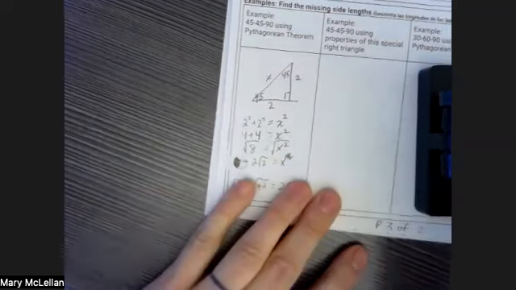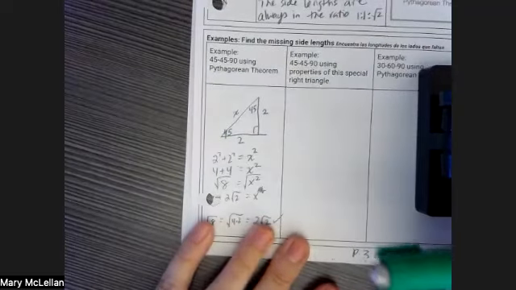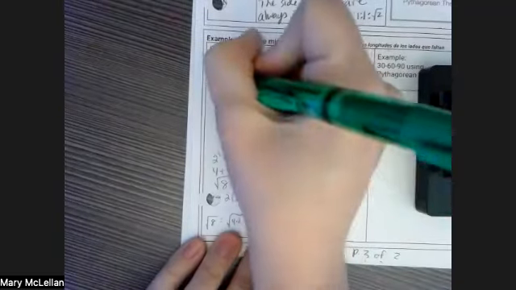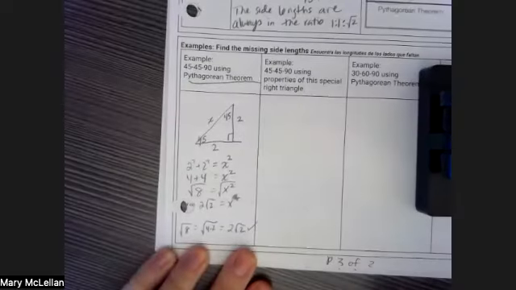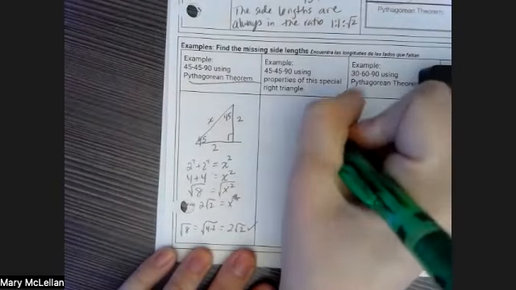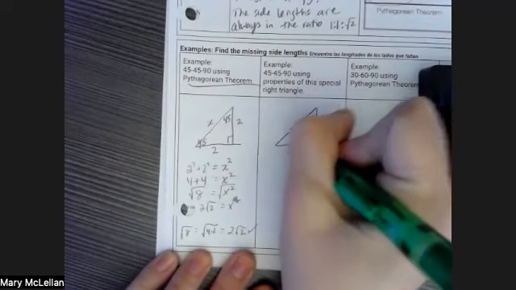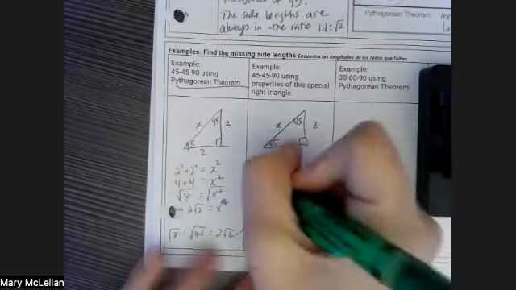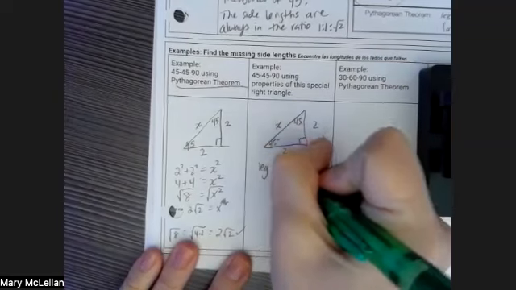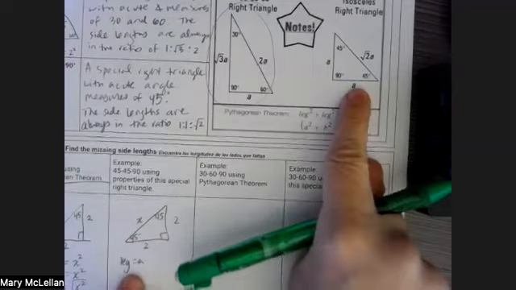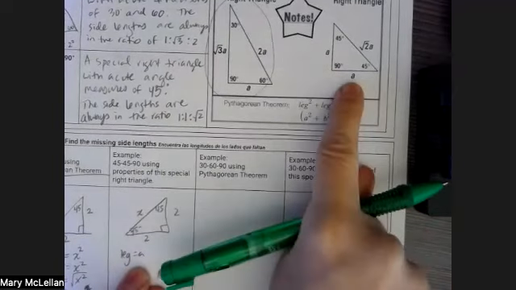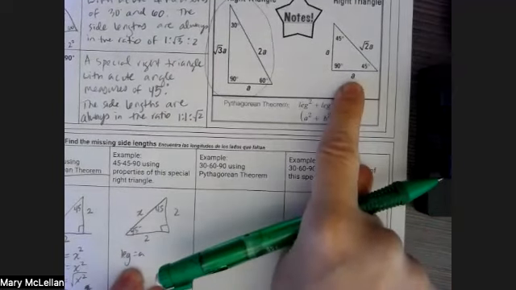Another example, 45-45-90 using properties of special right triangles. We just solved this with the Pythagorean theorem, but the special right triangles might be faster. Same triangle: 2, 2, 45, 45, and x. From our notes, the leg equals a, which is where 2 was, so we're drawing connections between this drawing and this problem.